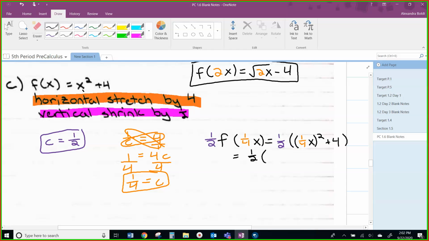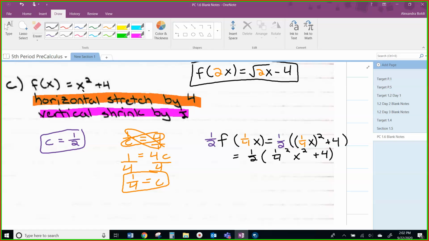Since that's 1/4 x squared, that squared is on the outside, it's going to both the 1/4 and the x. I write it like that to remind myself, when I have a squared outside of parentheses, I am squaring both of those things.